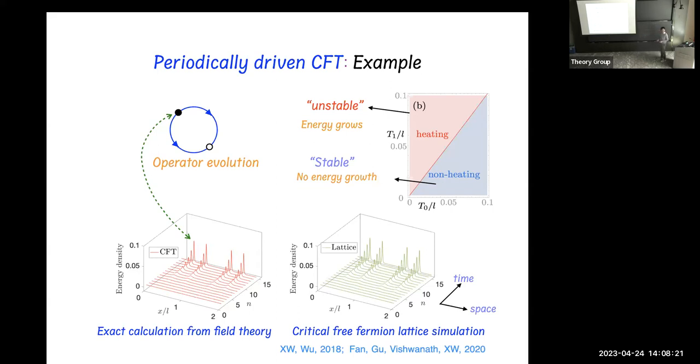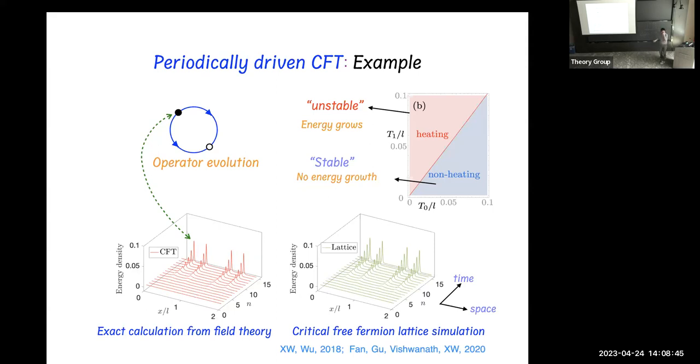Sorry, I just got myself confused. Which 2D CFT were you computing it in? Oh yeah, this is for an arbitrary 2D CFT. Okay, so it doesn't matter. It doesn't matter. We're not even using the operator spectrum, it just uses the SL2R eigenvalues of that matrix. When you're saying exact calculation of the field theory, the details made no difference. It made no difference. You just needed conformal symmetry.